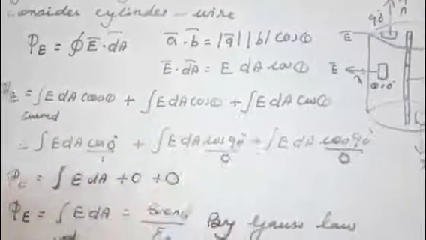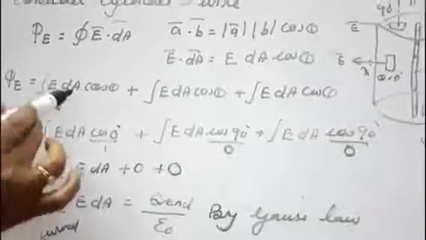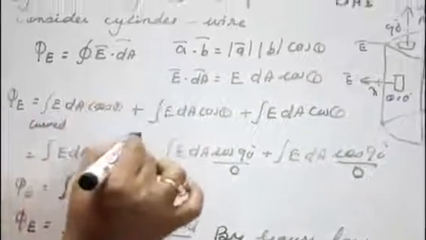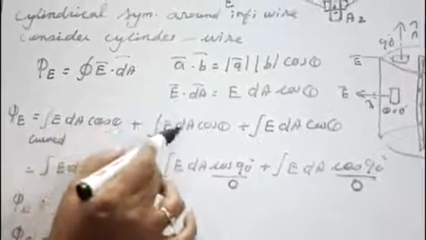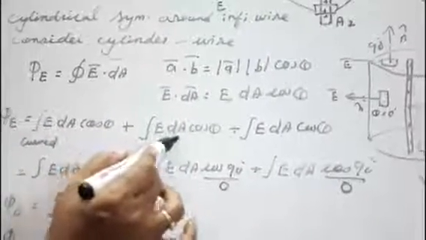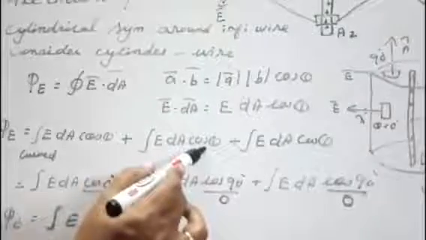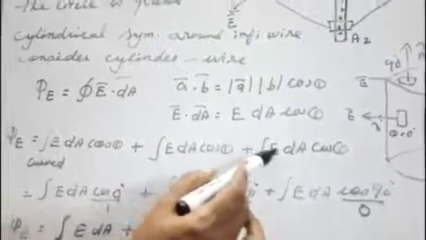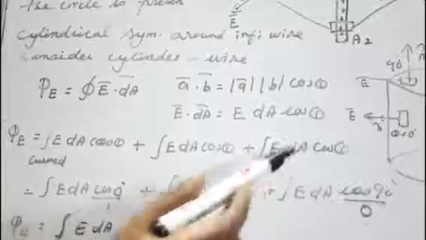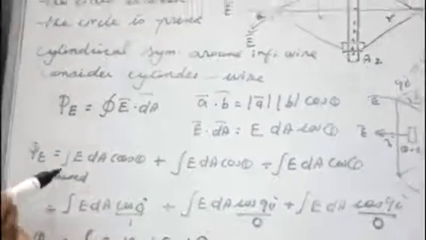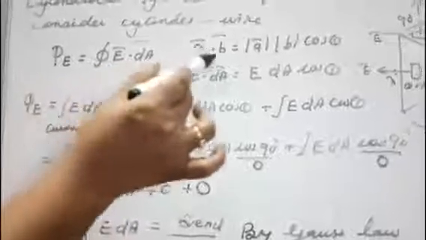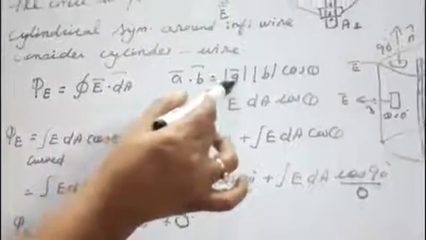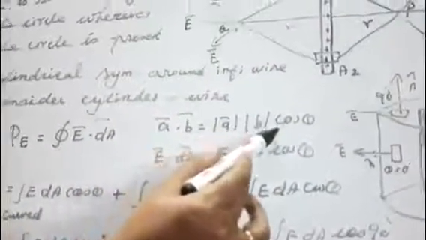Therefore which is equal to integral of curved surface E vector dA vector plus integral of top surface E vector dA vector plus integral of bottom surface E vector and dA vector. Here E dA value is considered as A bar dot B bar, which is equal to modulus of A modulus of B cos theta.